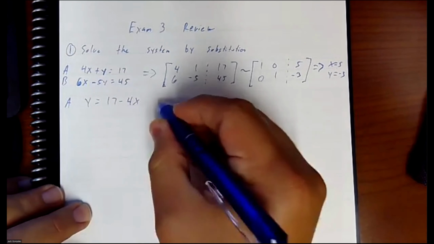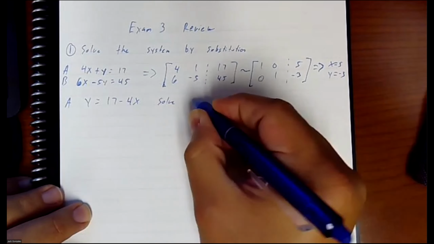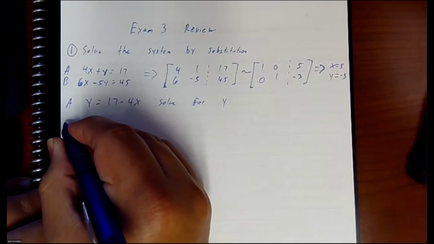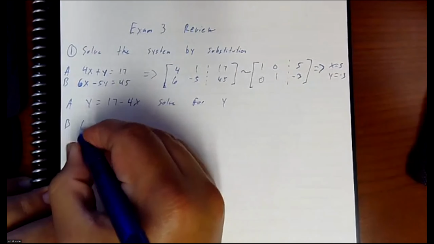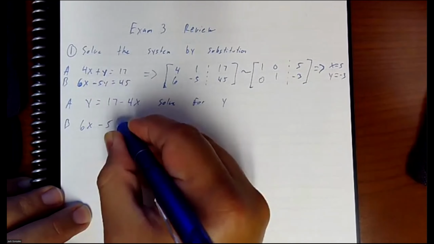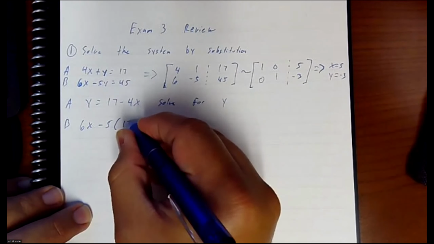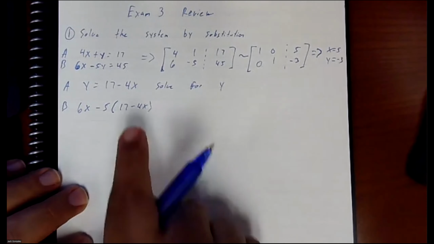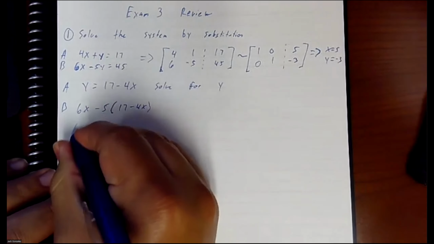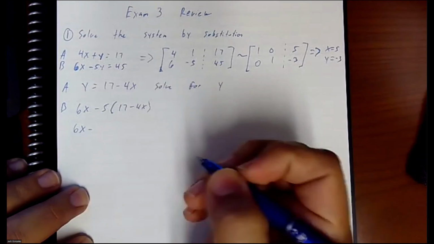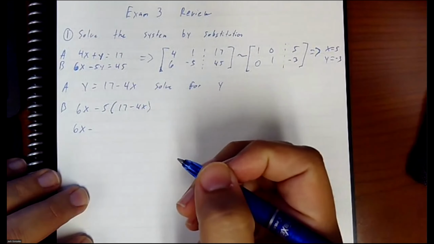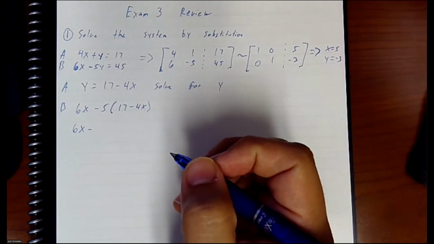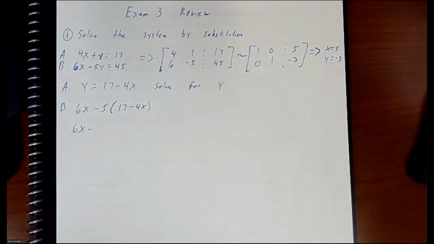Okay, so solve for y. Second step, plug it into the B equation. So you have 6x minus 5 times whatever your y is. That's right there. 5 times 17 minus 4x. So 6x minus 5 times 17, what is that? 85, is that right?